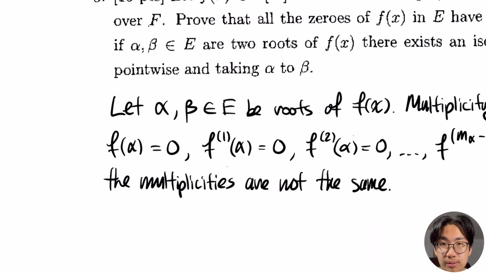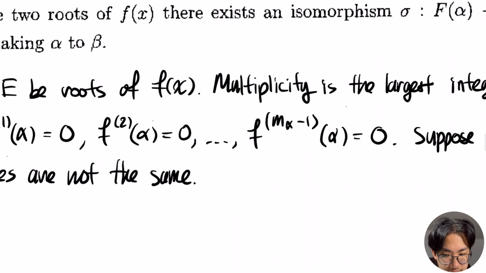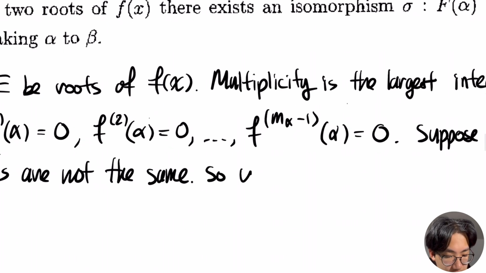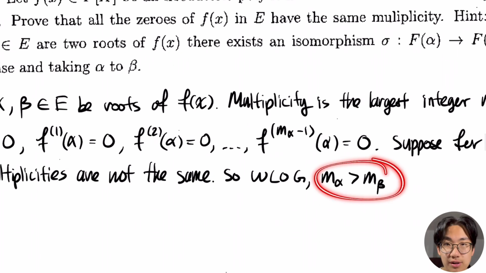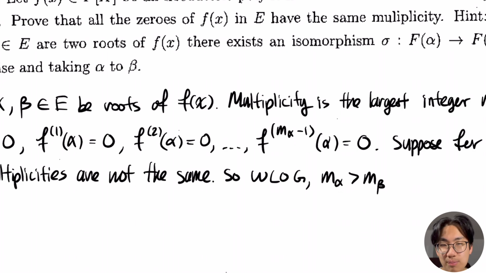So in this case, we're just going to call them m sub alpha and m sub beta. Without loss of generality, m alpha is greater than m beta. What this basically means is that even if we were to swap them, the proof would effectively proceed in the same way.